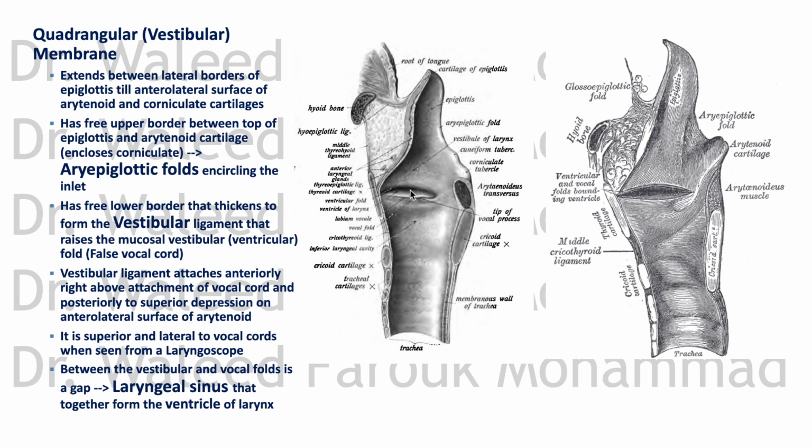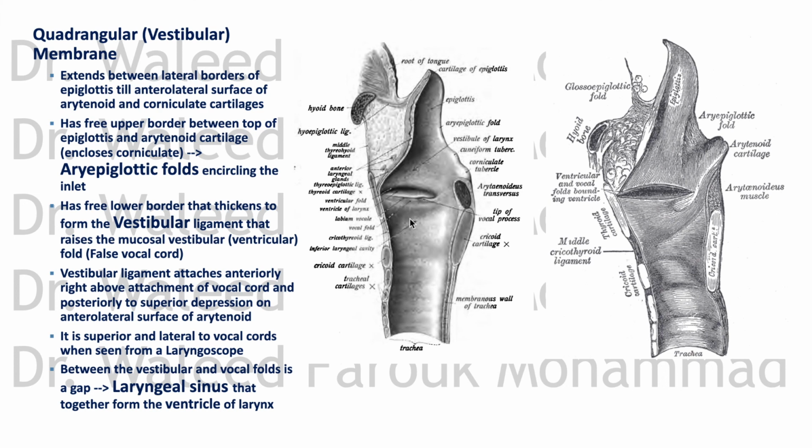Actually, it's superior and lateral. Means that if you take a look from the upper aspect of the larynx through a laryngoscope, you will see the two vestibular folds at the sides, but more close to the midline are the true vocal folds. Okay? So, because of the attachment, they are superior and lateral to the true vocal folds.